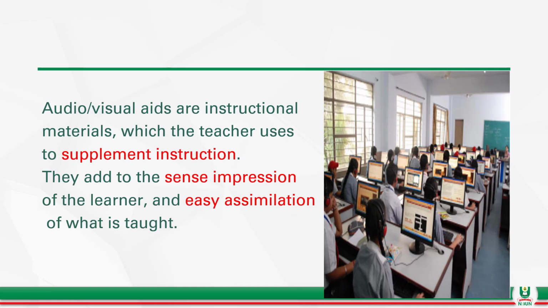Audiovisual aids are instructional materials which the teacher uses to supplement instruction. They add to the sense impression, and it helps the student to easily assimilate what the teacher is teaching them.